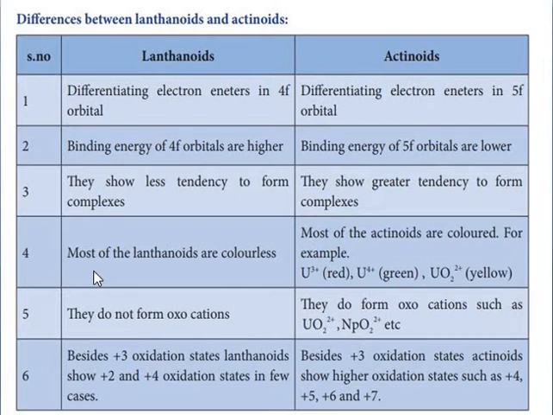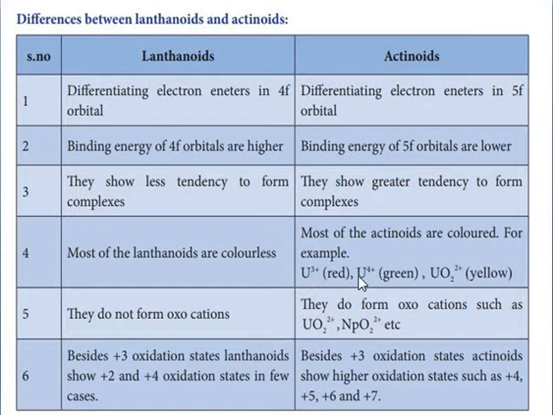Most of the lanthanoids are colorless. They are silvery white, but in the case of the actinoid series, most of the actinoids are colored. For example, uranium 3+ is red, uranium 4+ is green, and UO2 2+ is yellow.